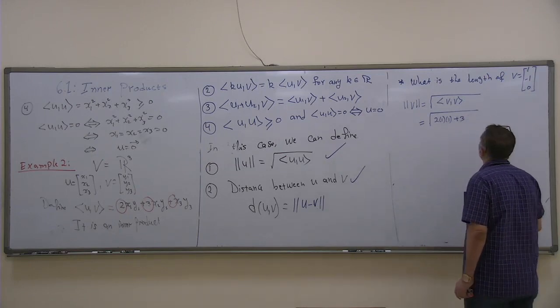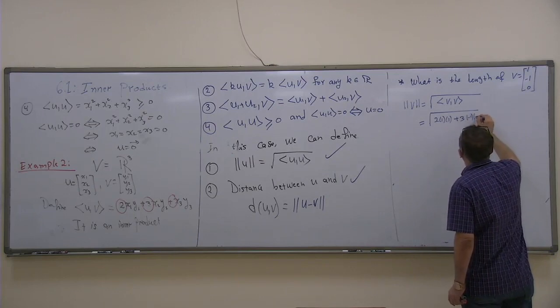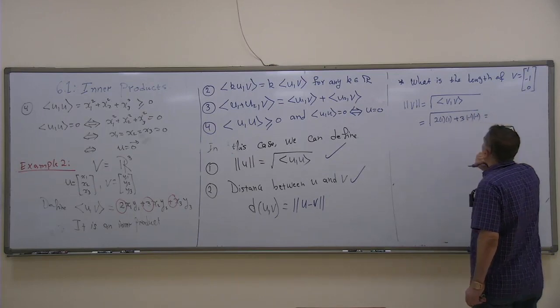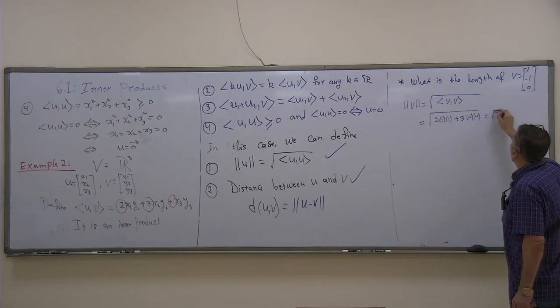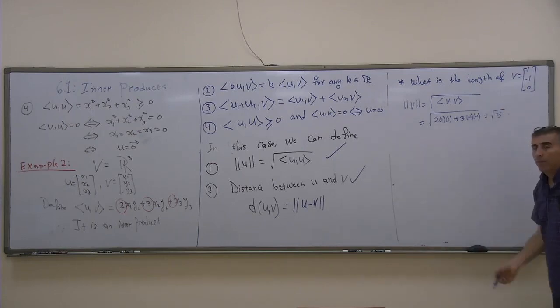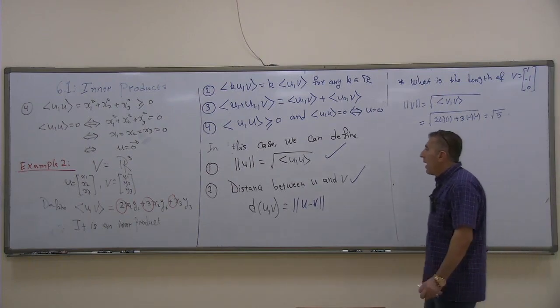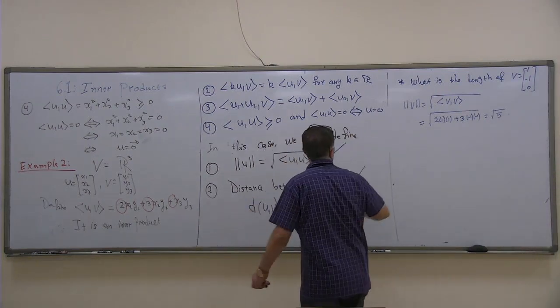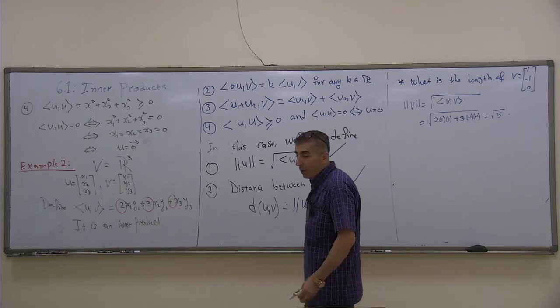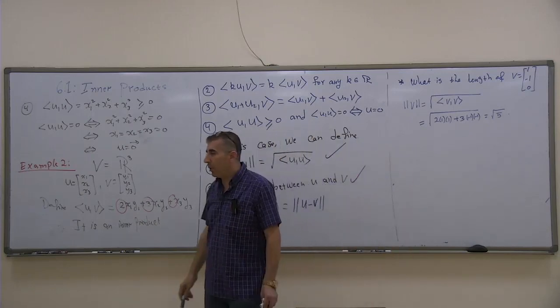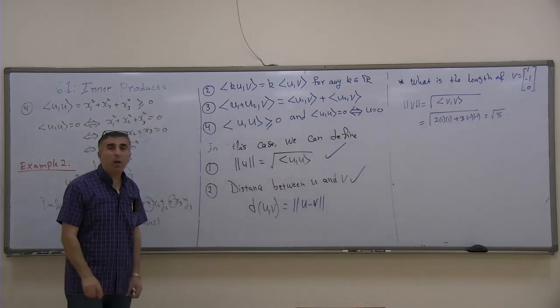So this is -1, -1. So what do you get here? You get 2 plus 3, 5, square root of 5. Okay? So under this inner product, we got the length of V is square root of 5. Under the Euclidean inner product, we got the length of V square root of 2.